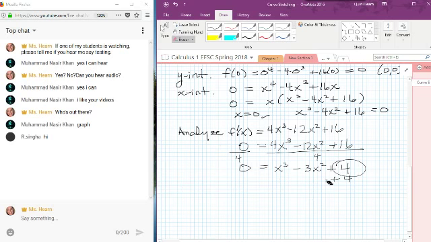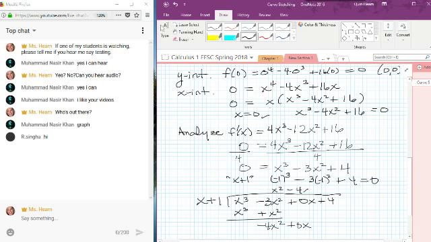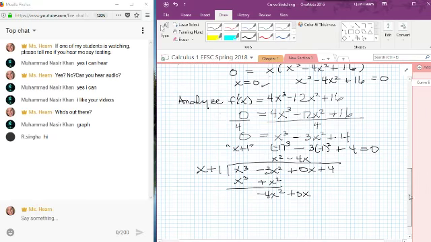If x plus 1 is a factor, then plugging negative 1 in should give 0. So, x cubed, negative 4x times x plus 1 is negative 4x squared minus 4x.